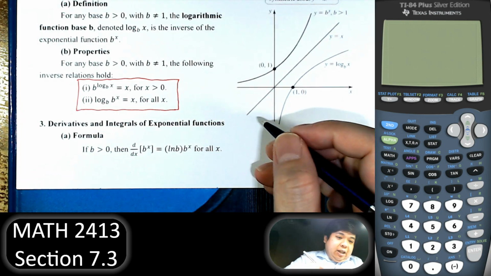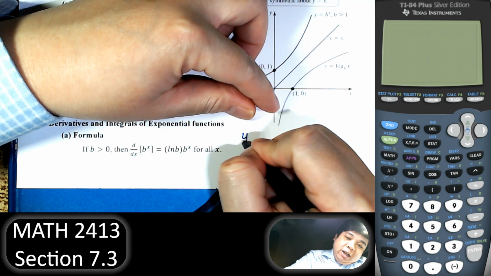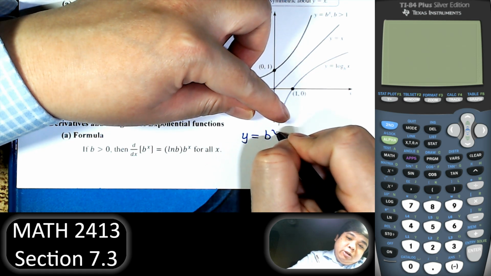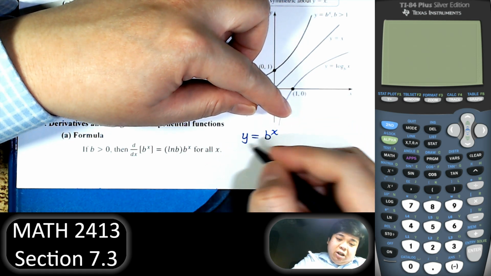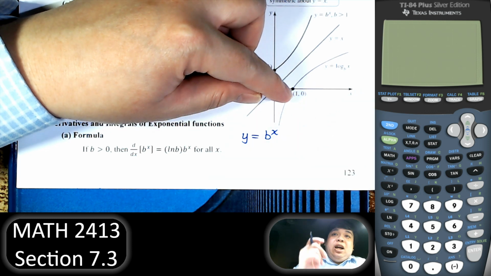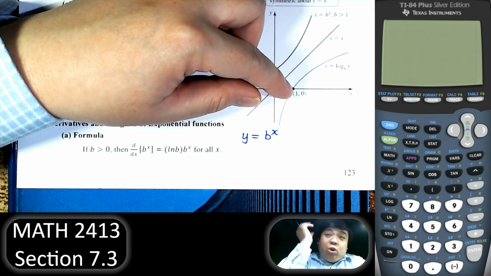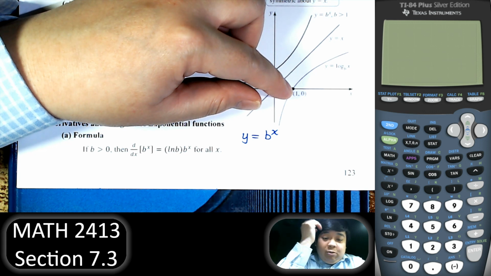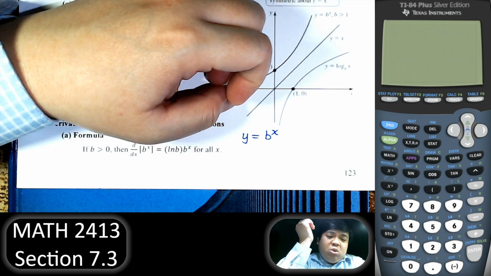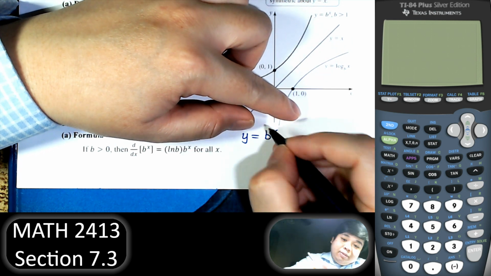Well, let's say we have y equal to b to the x in general. Now we have to make some trickery here. Remember, we can only take the derivative easily if it is e to the x. This is b to the x, so it's not quite the same.